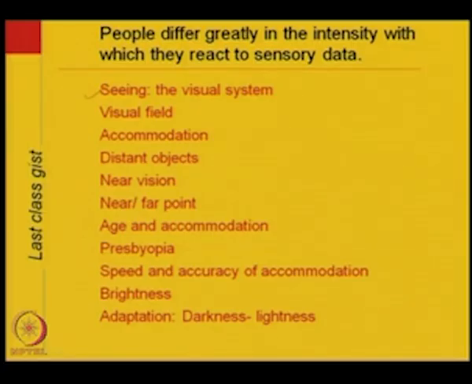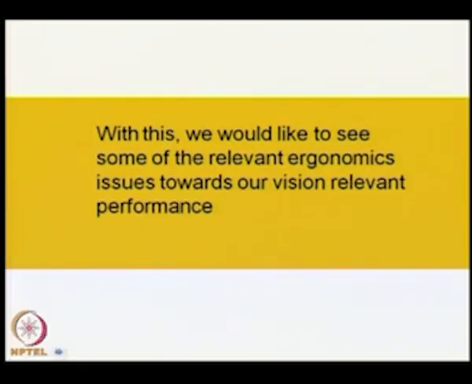Then visual field, accommodation, distant object, near vision, near and far point, age and accommodation, presbyopia, speed and accuracy of accommodation, brightness and its effect on vision, adaptation, that is darkness and lightness. With this we would like to see some of the relevant ergonomics issues towards our vision relevant performance.